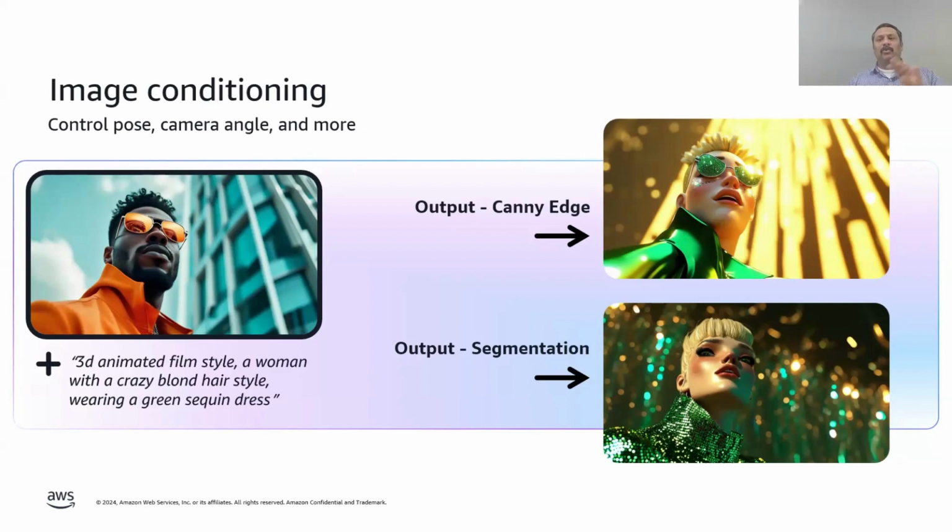There are two types of image conditioning that we support at this point. Canny Edge retains the prominent outlines of objects in the conditioning image, whereas segmentation allows the model to be a little more creative, but still maintains the pose and composition.